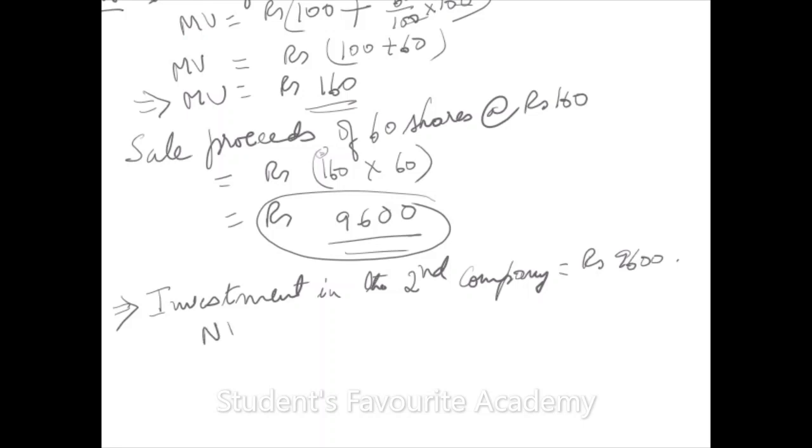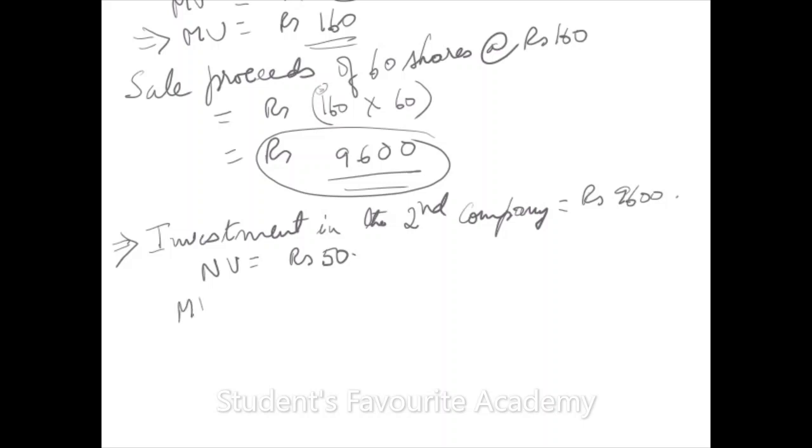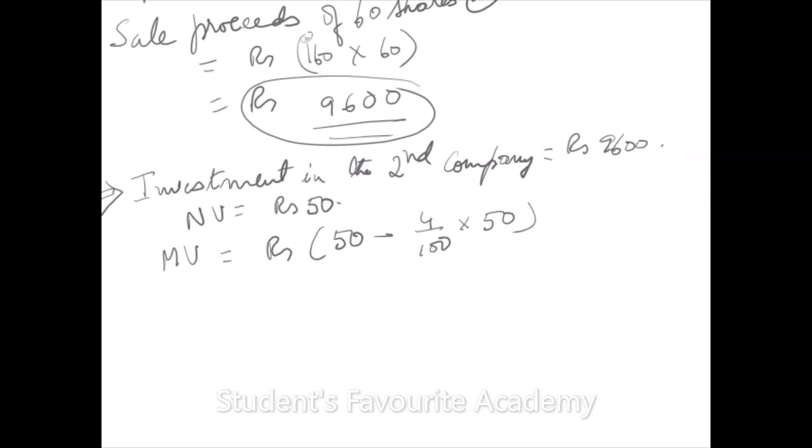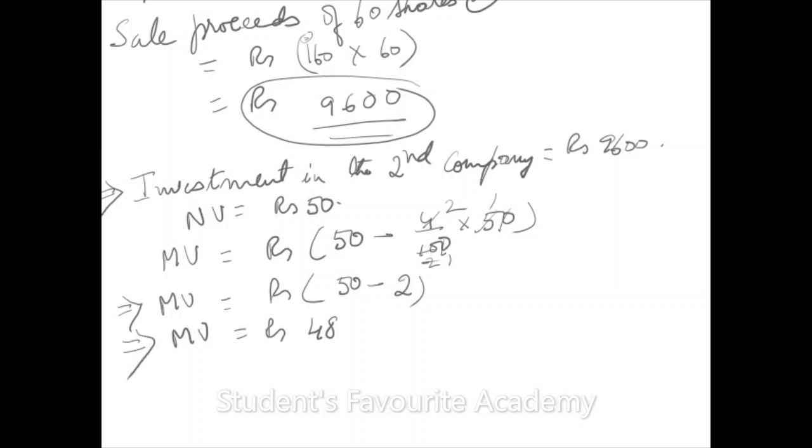So nominal value of these shares is rupees 50 and market value is rupees 50 minus 4% of 50. Okay, minus because it is sold at a discount. So market value is equal to rupees 50 minus 0 0 cancels, 5 1s are 5 2s are 2 1s are 2 2s are. So 50 minus 2, that is rupees 48.